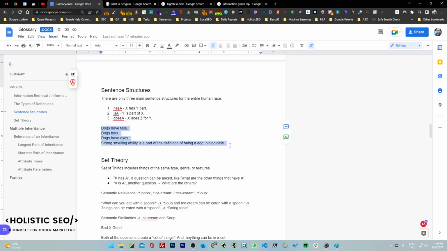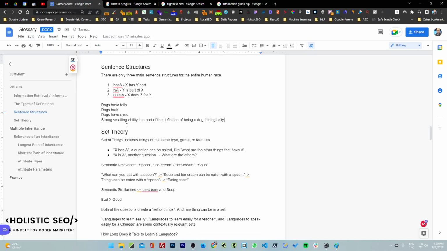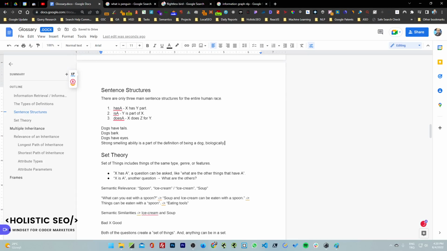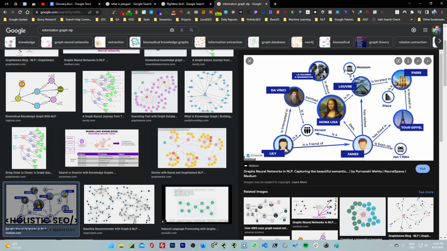So when you use these types of sentences, this one is under this one, and this one is under this one, and this says "is a," so it is under this one. When you are able to use these sentence structures, you will be able to create better definitions, and you will be able to imagine your information graph in a better way too.